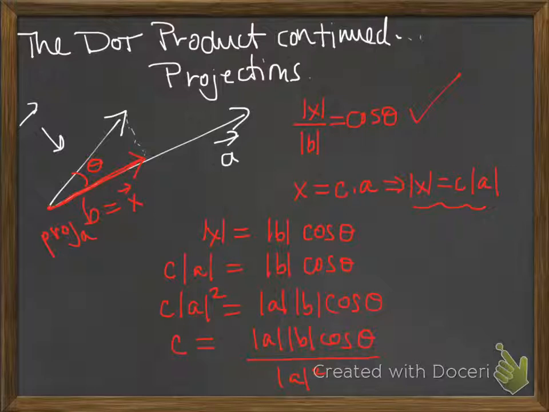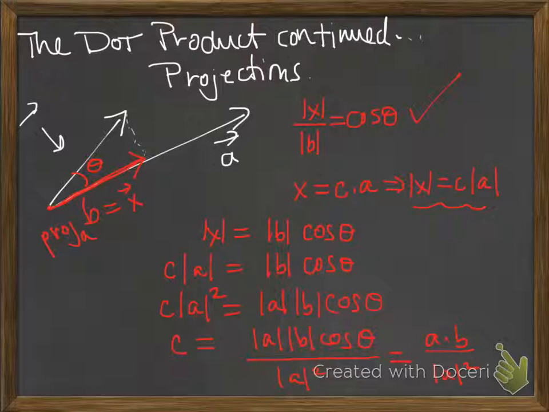And if you recognize this from the last video, the top is just the dot product of A with B, and then the bottom is the magnitude of A squared. So my scale factor is the dot product of A and B divided by the magnitude of A squared.